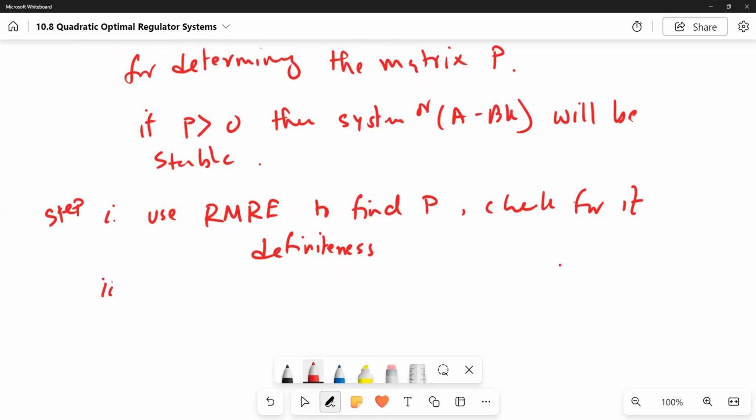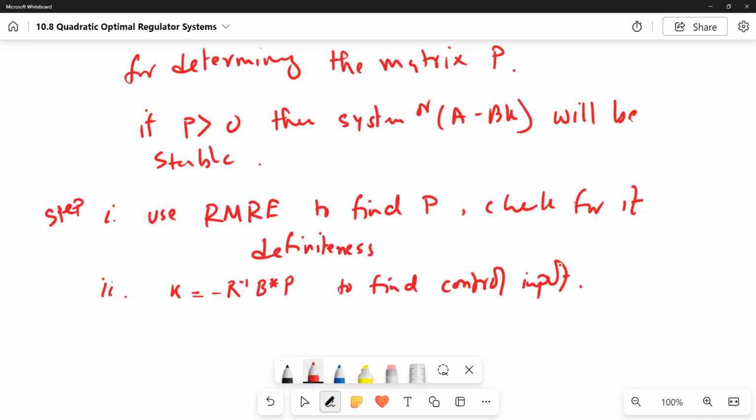Finally, using the value of P in the equation K equal to R inverse B transpose P, we find the K matrix, and the control input as well. So this is how we approach our problem.